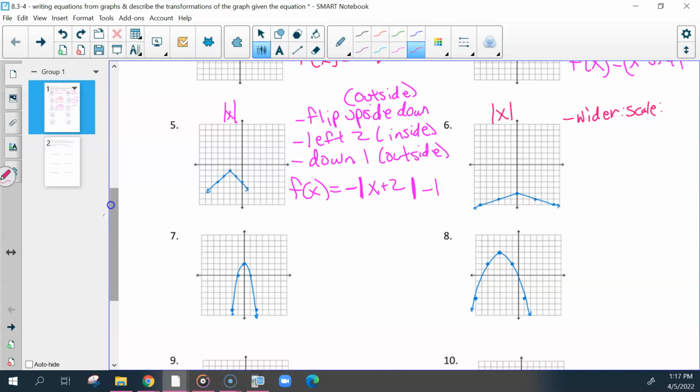Did they do anything else? Okay, down 6. Anything else? It also flips upside down.